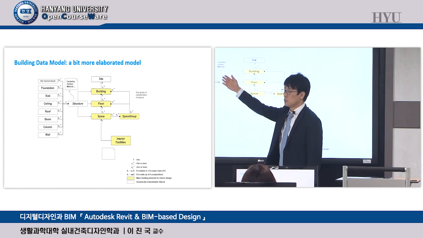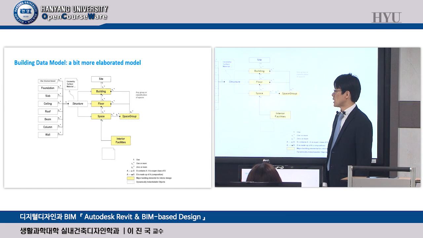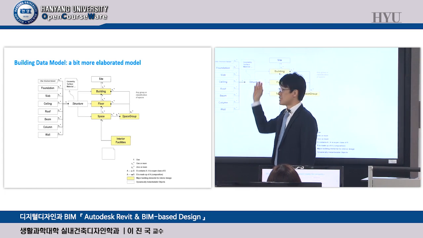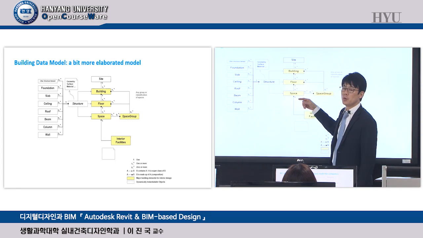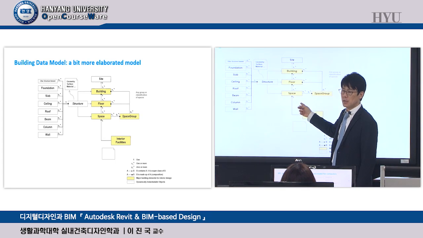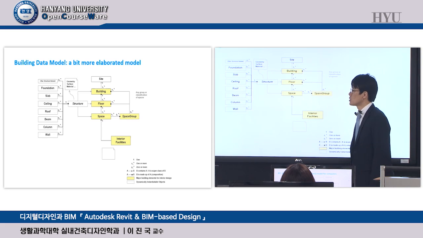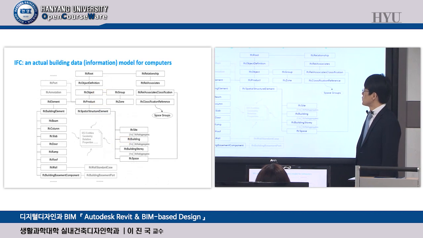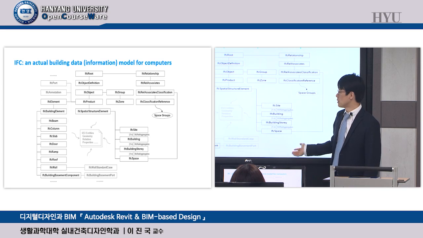The structure is for physical, tangible, specific components. Of course, there are some physical and tangible components, but those are topological, hierarchical, conceptual elements, but they are still in the structure of the BIM. So that's why I showed you this one before. This is the data structure of IFC.